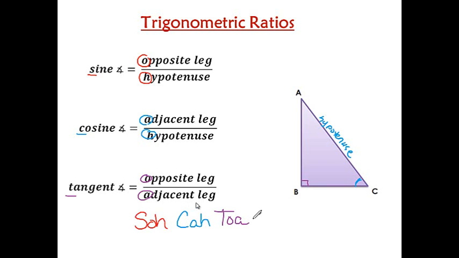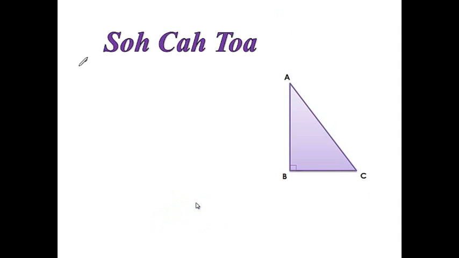Remembering the phrase SOHCAHTOA will help you remember the trig ratios every time you work these types of problems. Let's get some practice doing that. One more thing before we move on is that these trig ratios are often abbreviated: SIN for sine, COS for cosine, and TAN for tangent.